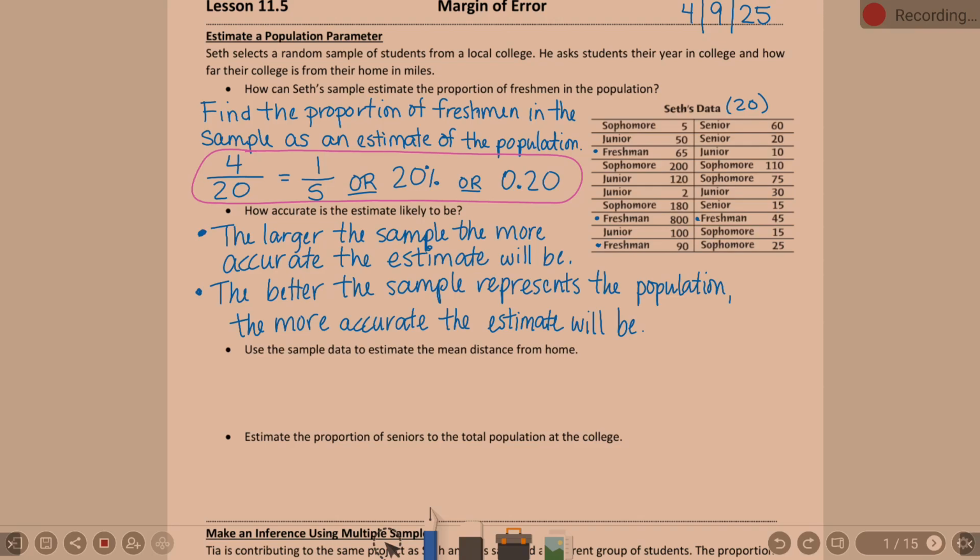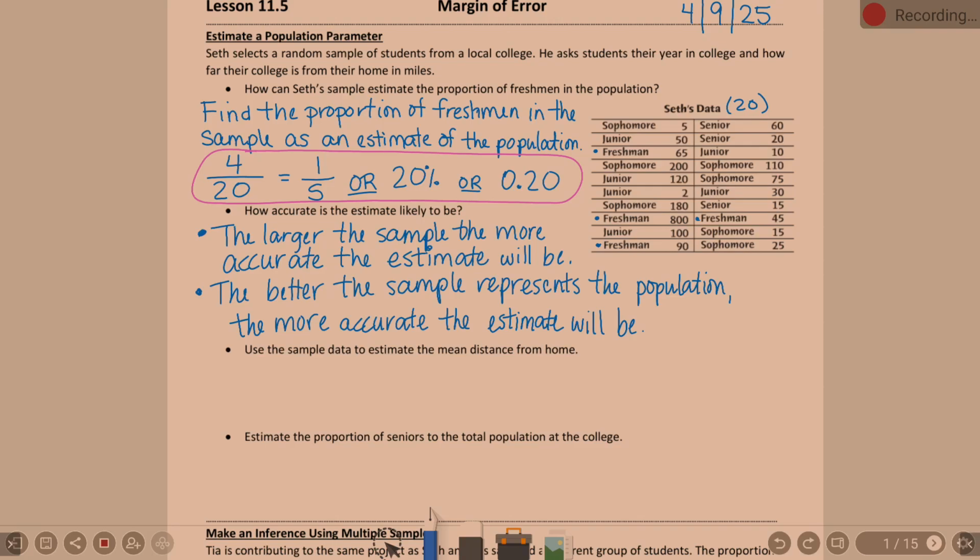Okay. So larger sample size, more accurate the estimate; the better the sample represents the population, the more accurate it will be. Okay. Got your calculators ready?